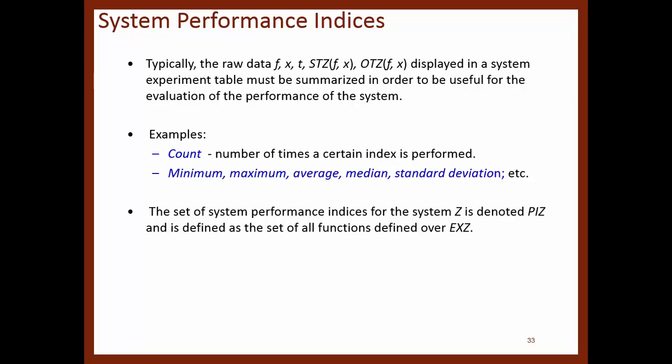Some examples include: we can count the number of times a certain event is performed. We can look for minimum, maximum, average, median, standard deviation for all these performance measures. The set of system performance indexes for system Z is denoted by PIZ and is defined as the set of all functions defined over the experiments.